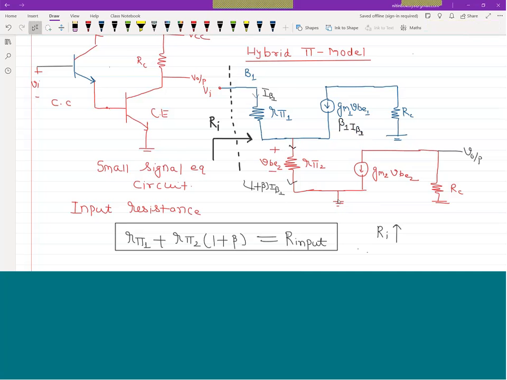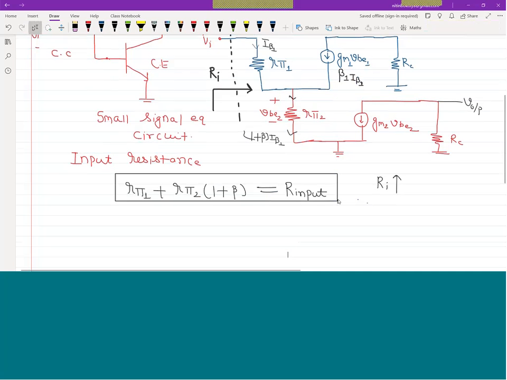So what is the current gain of the circuit?